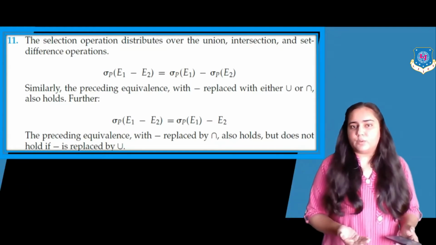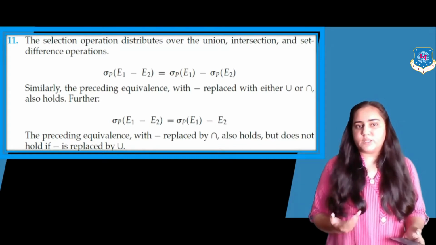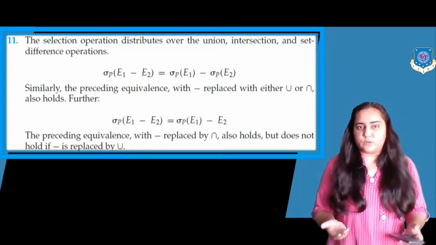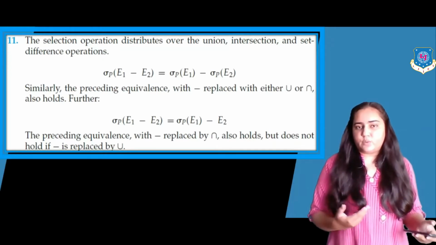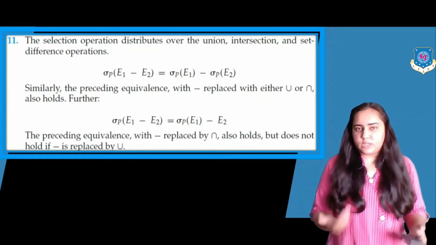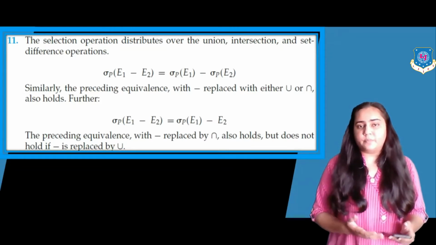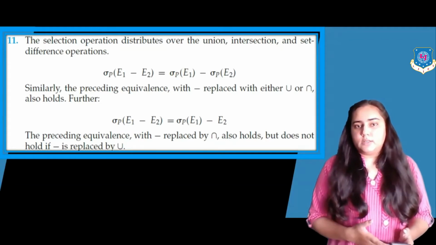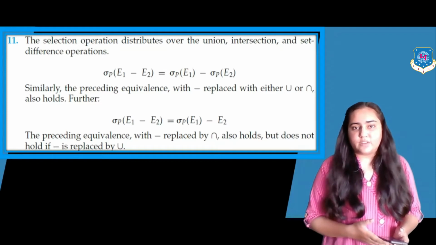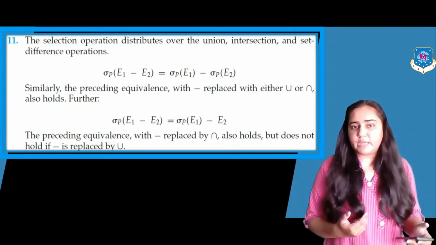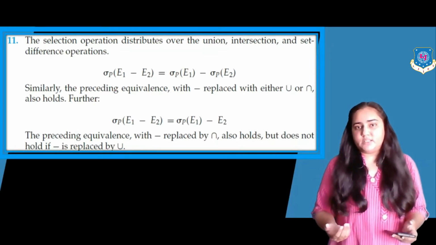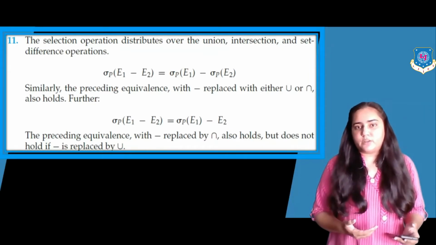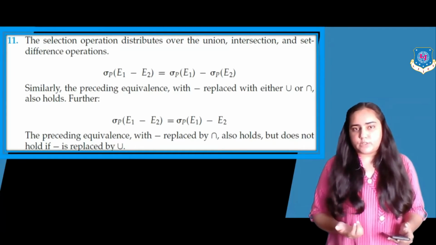Similarly, the preceding equivalence with minus replaced with either union or intersection also holds, which means I can do the same thing if instead of E1 minus E2 it was E1 union E2 or E1 intersection E2. I can still distribute the select operation. Next, you can see sigma p E1 minus E2 is the same as before, but this time on the right-hand side, the sigma condition has been applied only to E1 and not to E2.